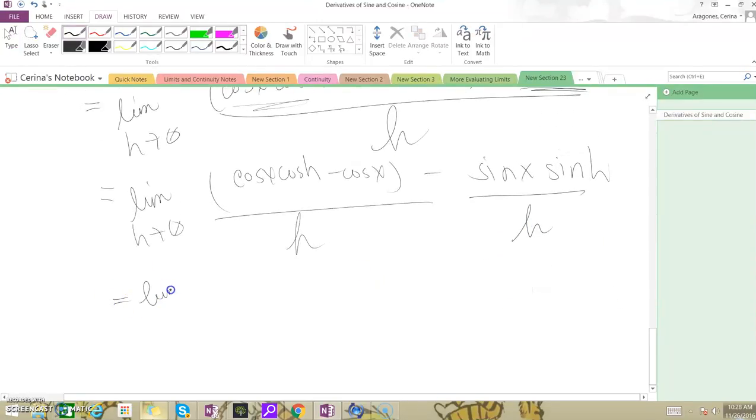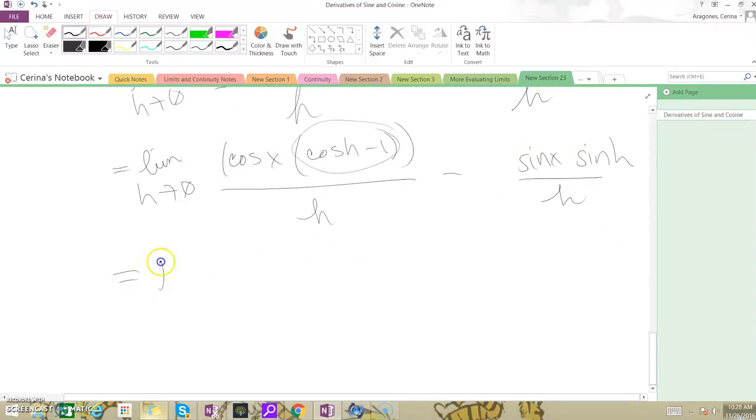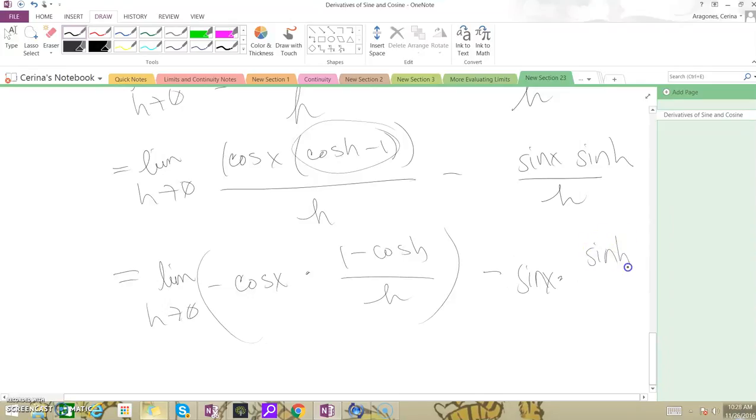We can then factor out a cosine x on the numerator here. We're left with cosine x times cosine h minus 1 all over h, minus sine x sine h over h. Again, we want to factor out a negative, so this starts looking like the term we want. So we are left with the limit as h approaches 0 of negative cosine x times 1 minus cosine h over h. That's one term. Minus sine x times sine h over h.